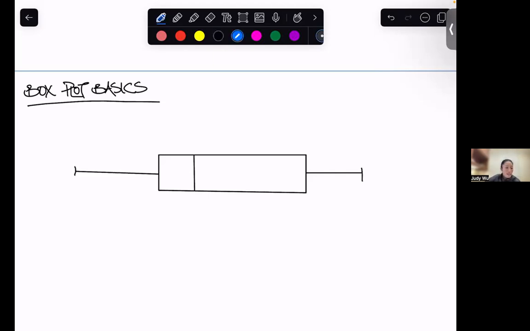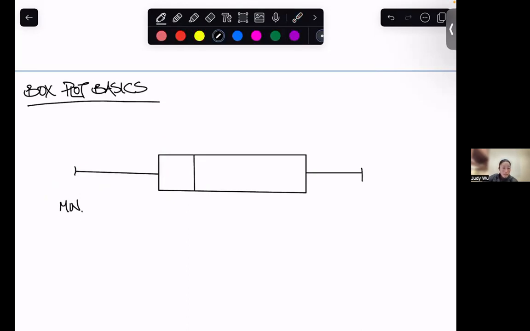And so in this box and whisker plot, we have a few indicators in the data, okay? If we start off with this leftmost whisker, this one right here, this is where the minimum value is, okay? The minimum value.